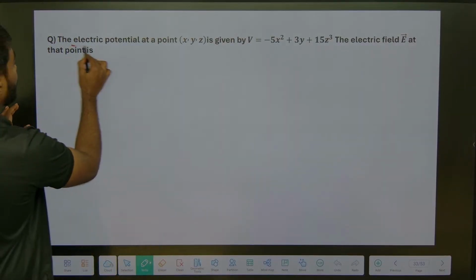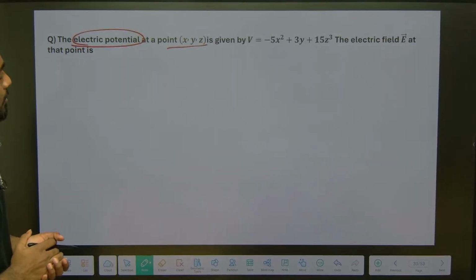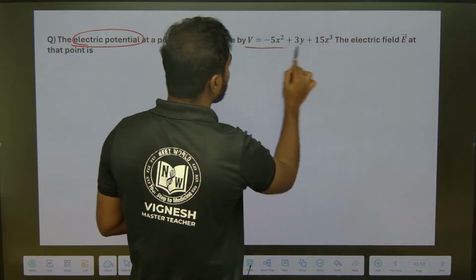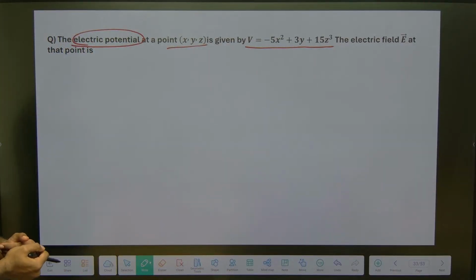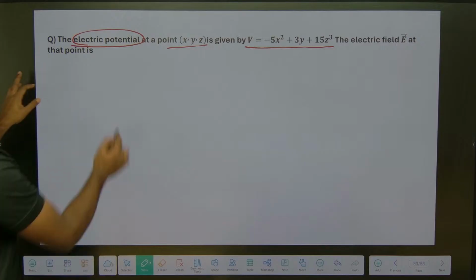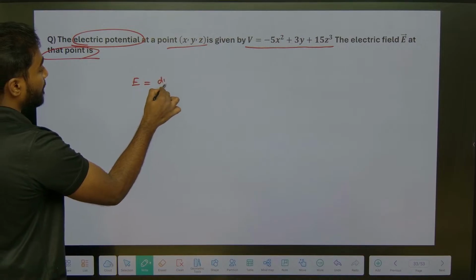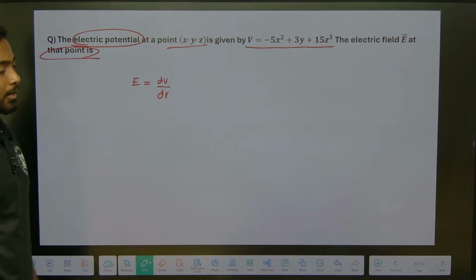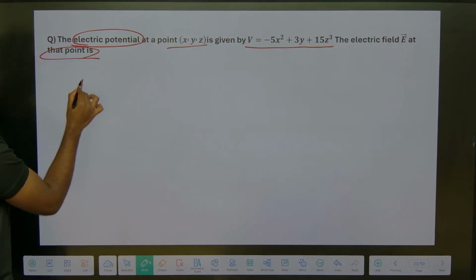So the electric potential at a point x, y, z is given by V equals minus 5x square plus 3y plus 15z cube. The electric field E at that point is, so we know that E is equal to minus dV by dr. This is the formula we know.